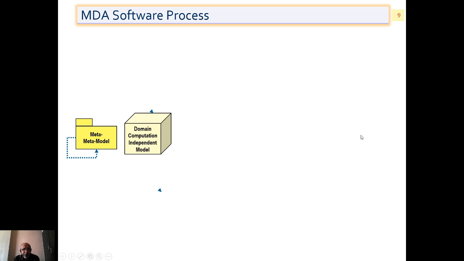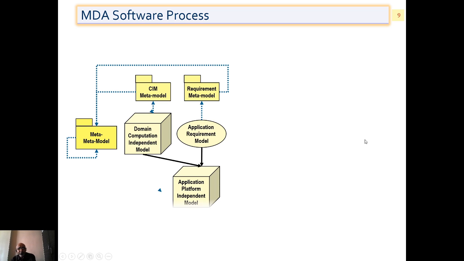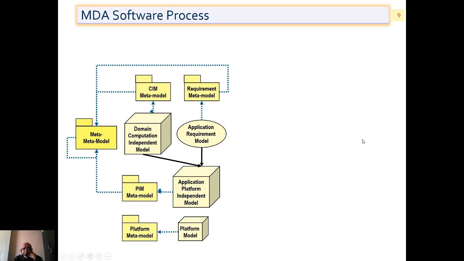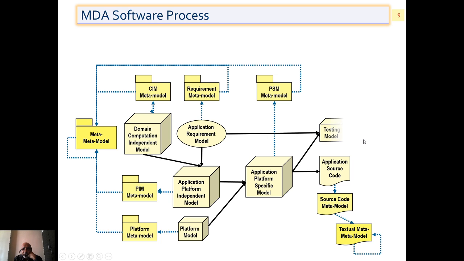Meta model, domain model, domain dependent model, CIM meta model, create application model, create requirement model, have the conformance, generate the application software independent model, generate the PIM and latch it to the meta model, platform model, then create application specific model and then application source code and textual meta model.